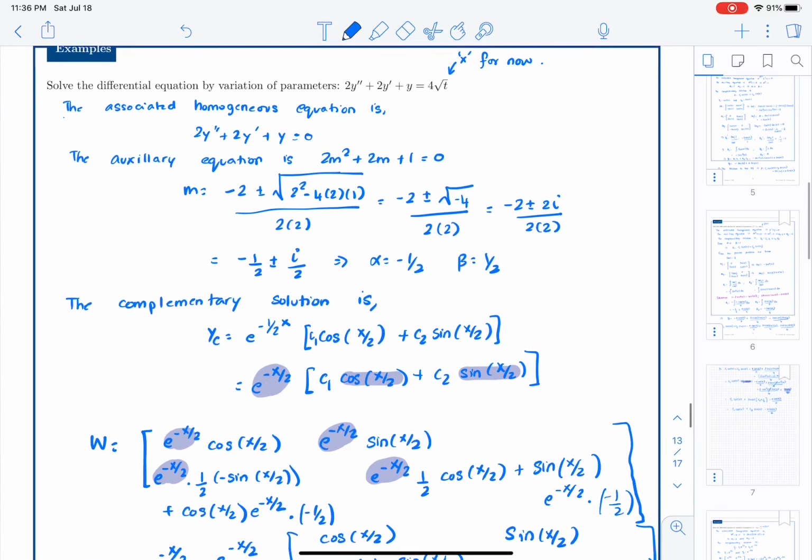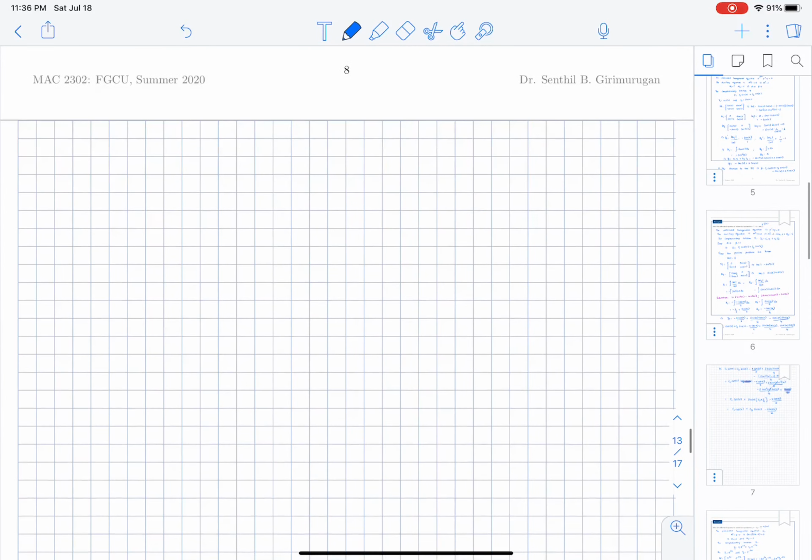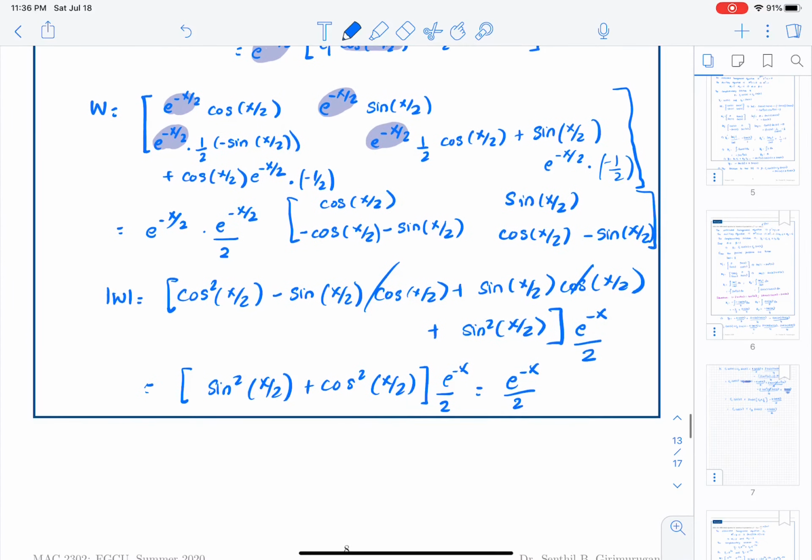Now we move on to finding W1. 0 and 4 root x, and we would have that term.